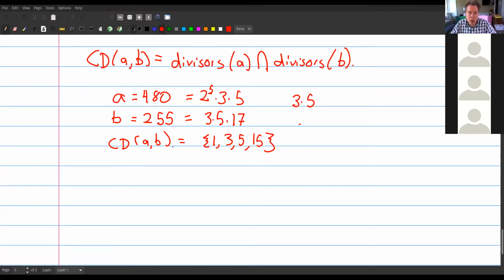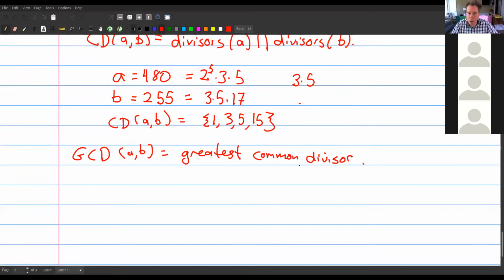Okay. Now we can also talk about the greatest common divisor. The GCD of A and B is the greatest common divisor. And this is just the biggest divisor that they have in common.